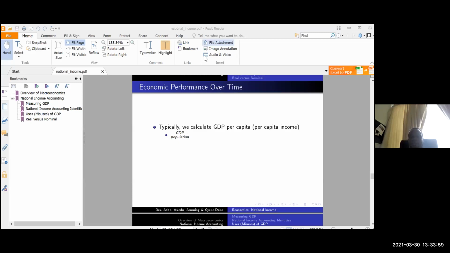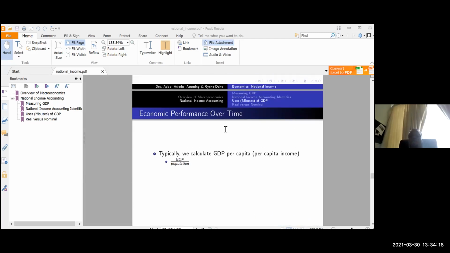Ghana is around 30 million. So it's like Lagos State. Okay, so the population is big. But Nigeria has a higher GDP, the value of their final goods and services is high. Yes, they have a large population. Okay. So that is it.